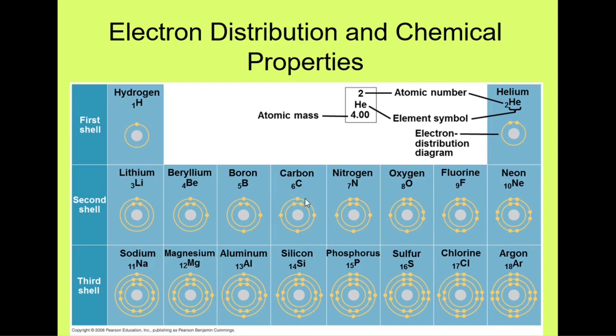Because carbon can make 4 bonds with 4 different atoms, it means that carbon can make really big molecules, really big compounds. And that is why carbon is the basis for life as we know it. All life that we are aware of on this planet is carbon-based. And it's carbon-based because it has these 4 valence electrons, allowing it to make 4 bonds with 4 other atoms.